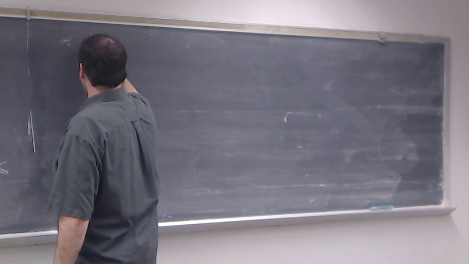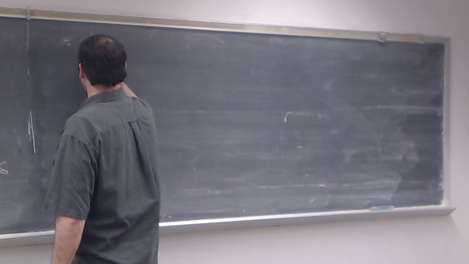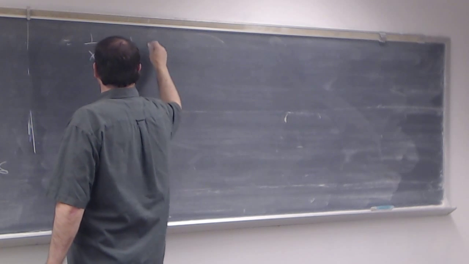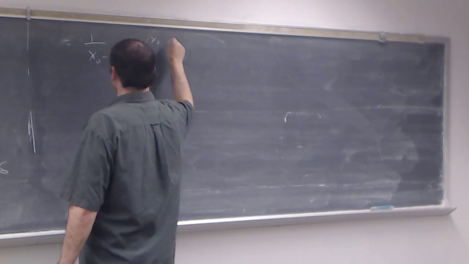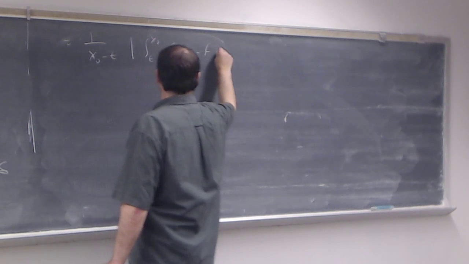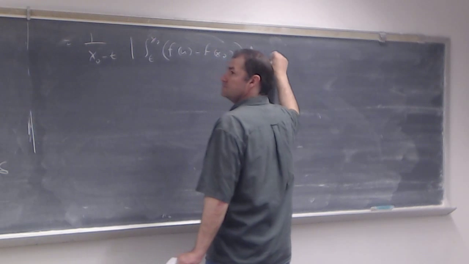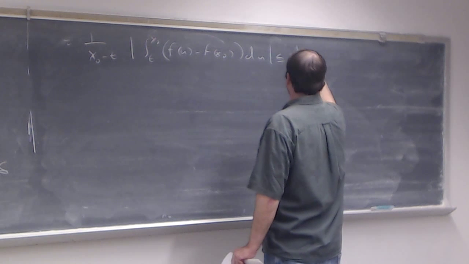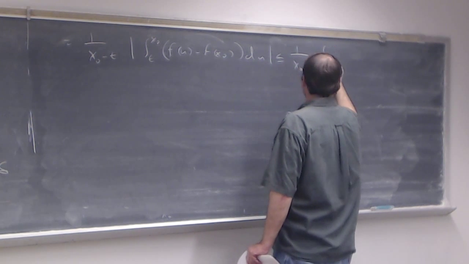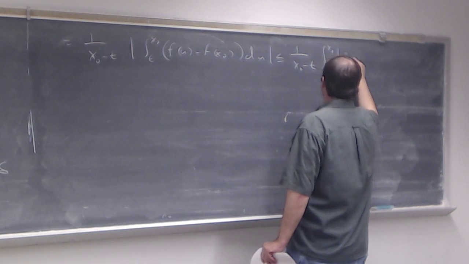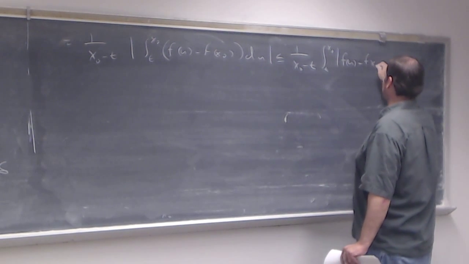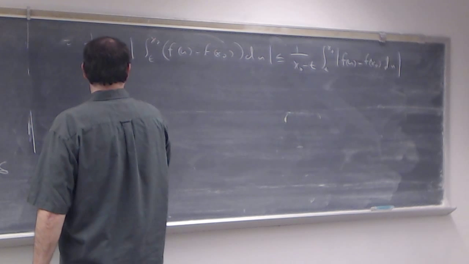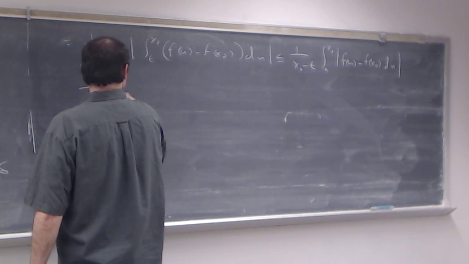That's going to be equal to 1 over x₀ − t times the absolute value of the integral from t to x₀ of f(u) minus f(x₀) du, which is less than or equal to 1 over x₀ − t times the integral from t to x₀ of the absolute value of f(u) minus f(x₀) du, which is going to be equal to 1 over x₀ − t.